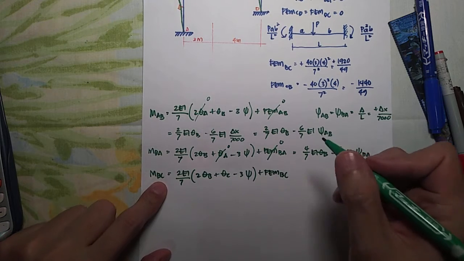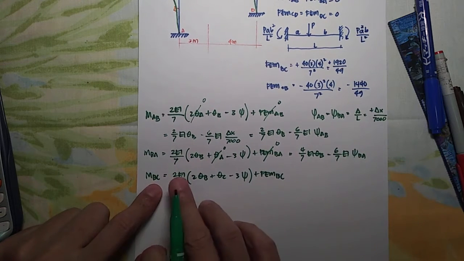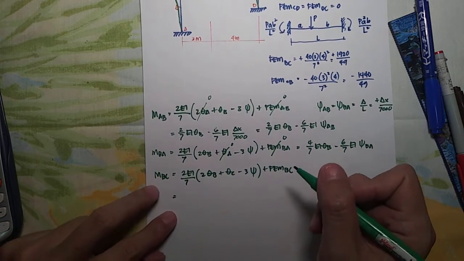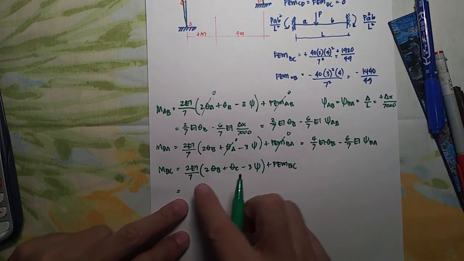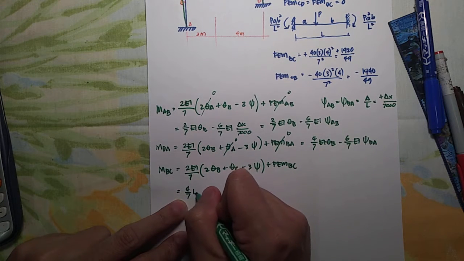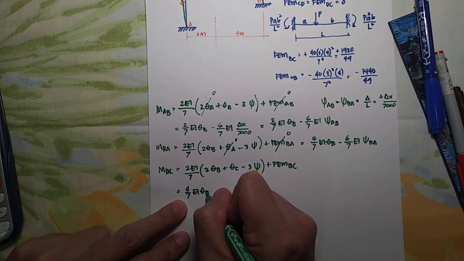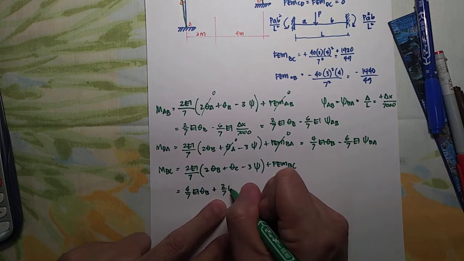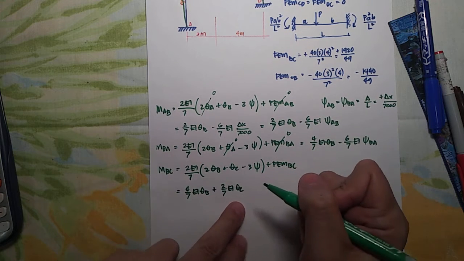Okay? Now there is no rotation here that is 0. So when simplified, this would be 4 over 7 EI theta B, then 2 over 7 EI theta C.